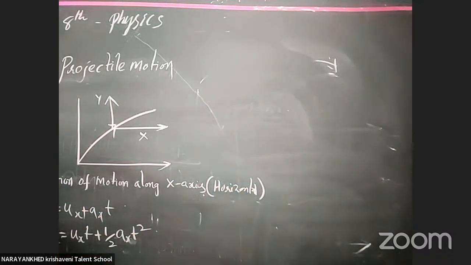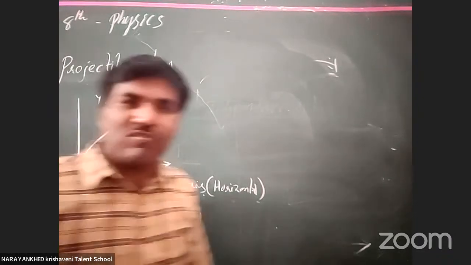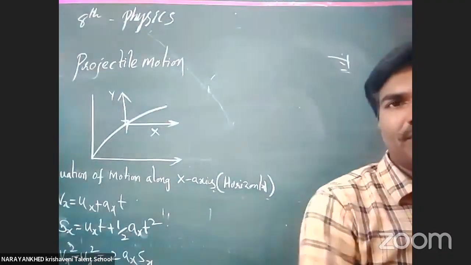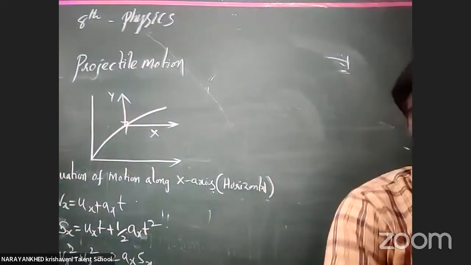Next, after this, Vx square minus Ux square is equal to 2 Ax Sx. These are the equations of motion for which body?